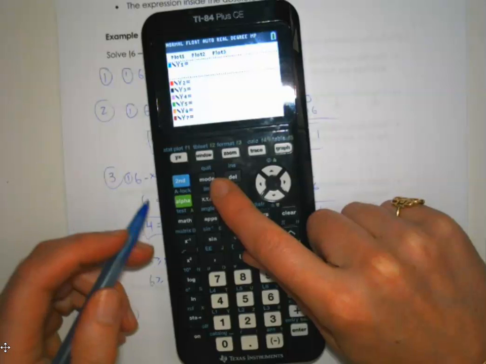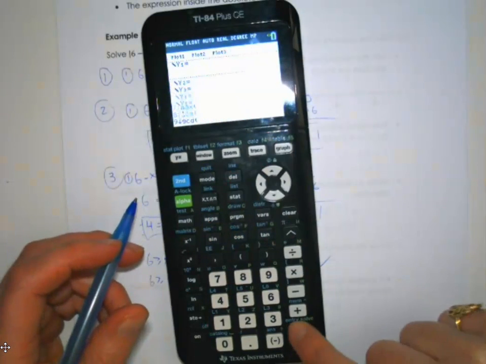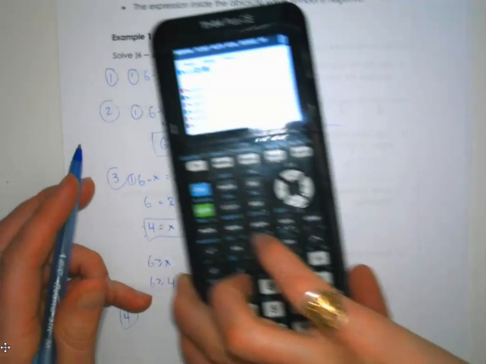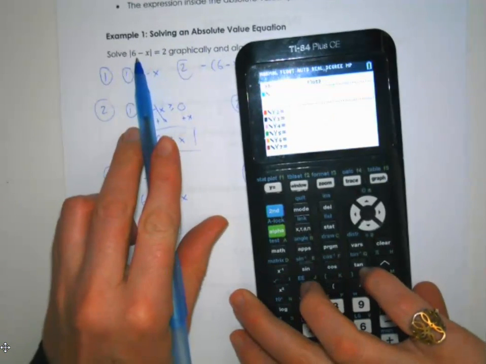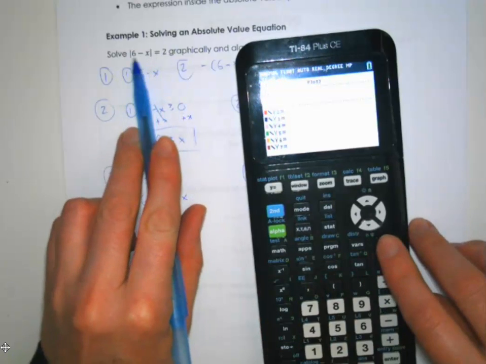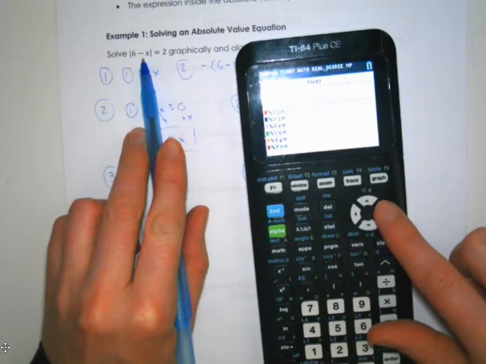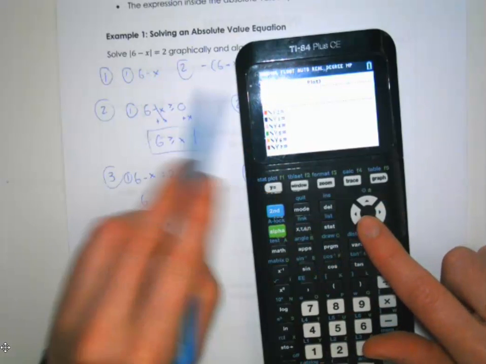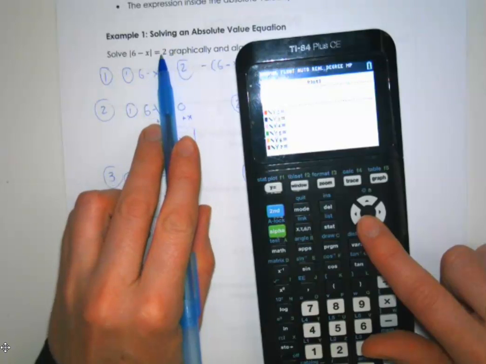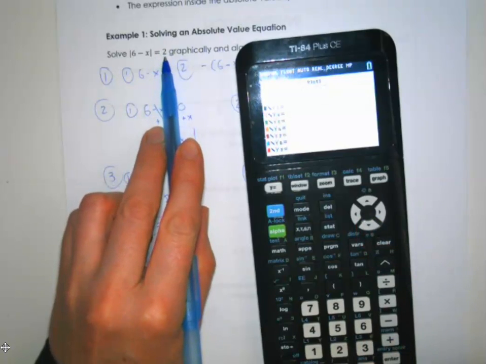So you go to Math, Number, and then choose absolute value. And essentially what you want to do is add in each part of the graph separately. So in this case, we have 6 minus x on one side. That's going to be our y1 graph. And then we make the other side into our y2 graph. So we're just saying y2 is equal to 2.